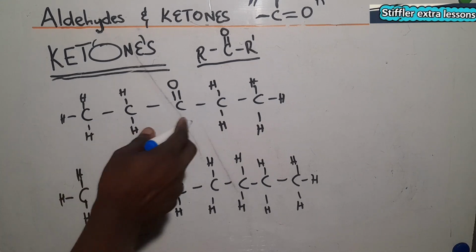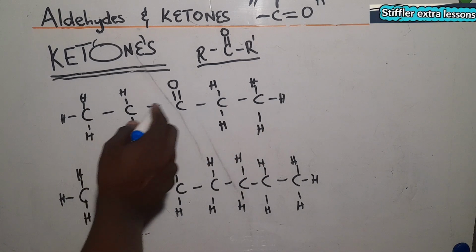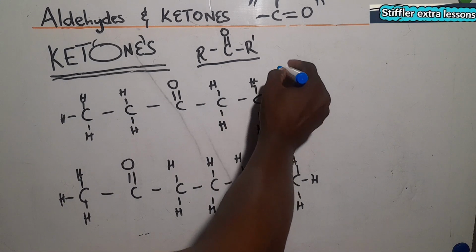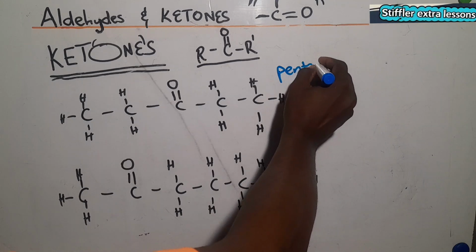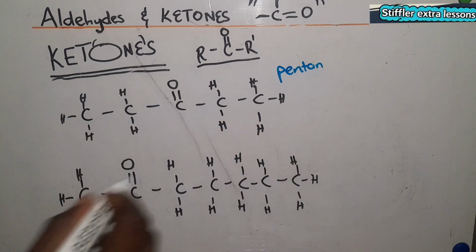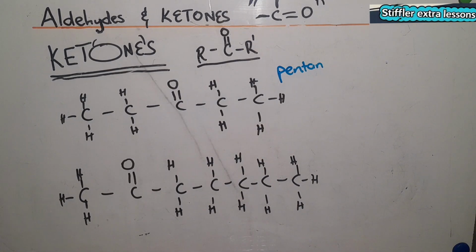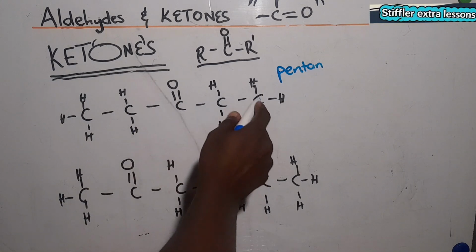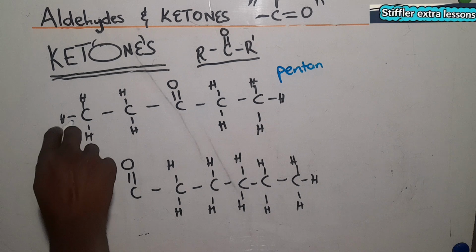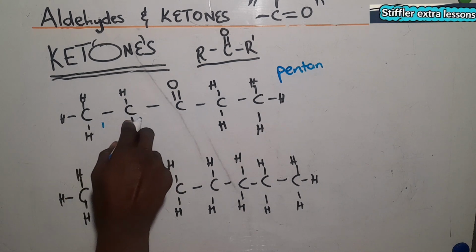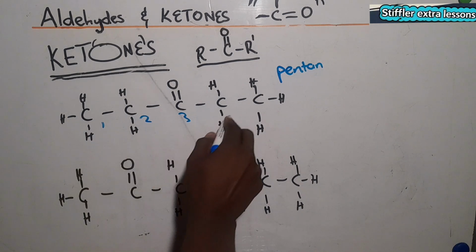So firstly, we identify the longest chain, which is 1, 2, 3, 4, 5. This is what's supposed to be a pentane, right? So we don't include the E, right? Now we number the carbons from the side closest to this. So if we count from that side, it is 1, 2, 3. From that side, it's 1, 2, 3. So either way, it is still 3, right?